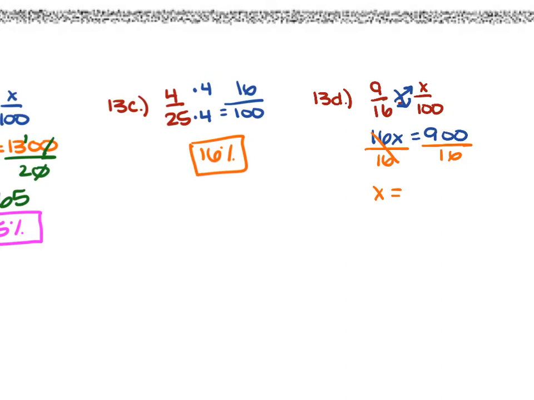I have x is equal to 450 over 8. I then simplify this. The 450 divided by 8 gives me 56.25. So this tells me that this is 56.25%.